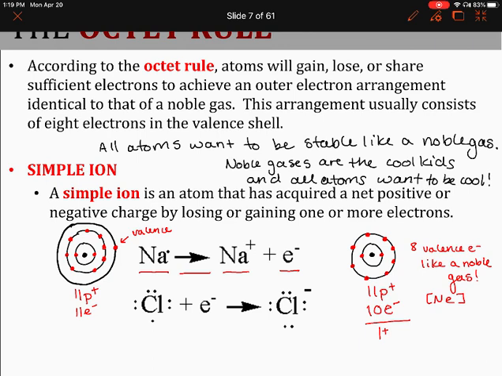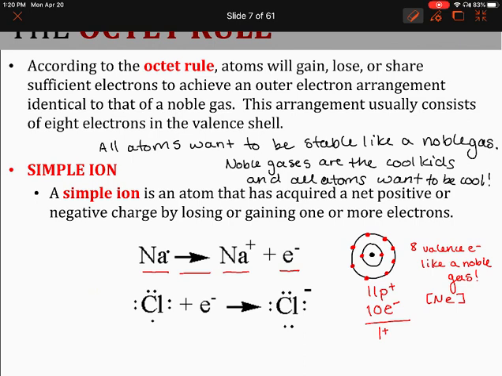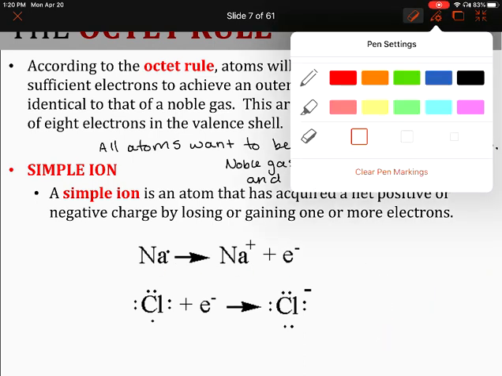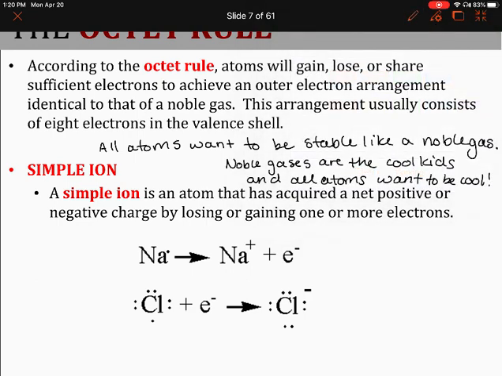Now, chlorine goes through the opposite process. So I'm going to erase these pictures and draw them for chlorine. Chlorine is also in row 3 of the periodic table, which means it has 3 energy levels.